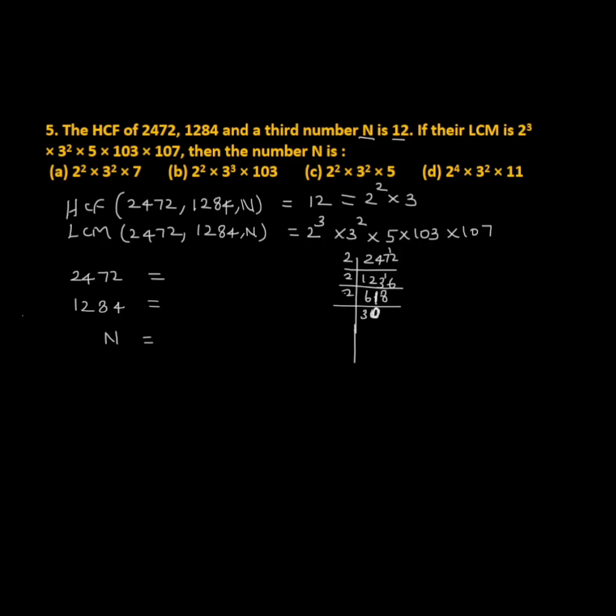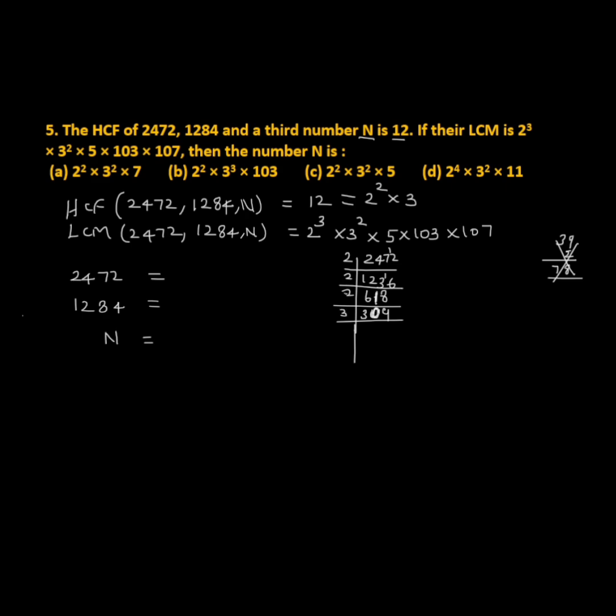Writing 39 there is the wrong answer. 39 into 2 would only give 78. Otherwise, multiply: 2 into 309 is only 618.